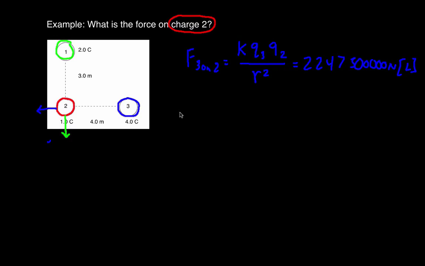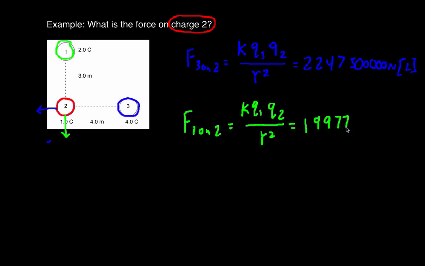Charge 1 pushes on charge 2. Similarly, K, Q1, Q2 divided by the distance between them squared gives us a force of 1 on 2 equal to 199,777,777 newtons, and this one is down.